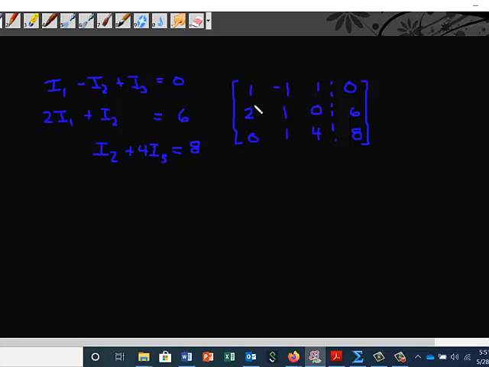So we already have a 1 in this position, so we want to get a 0 in this position. So what do we do? We will take -2 times row 1, add it to row 2 to get the new row 2.